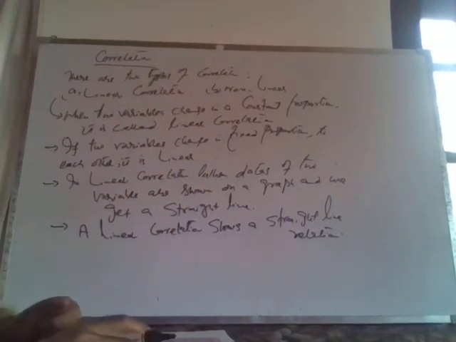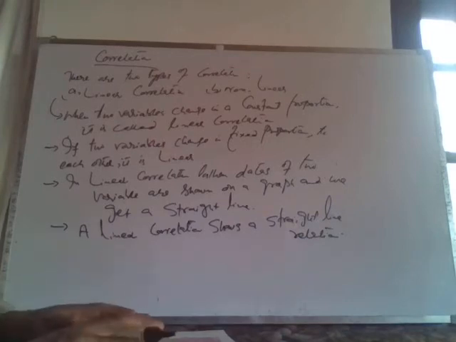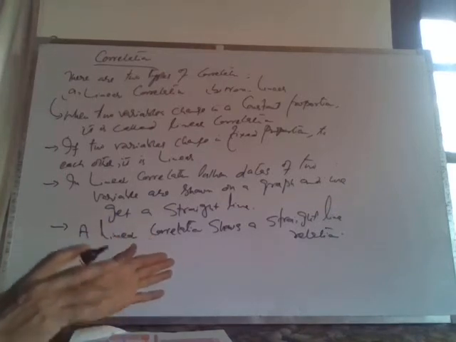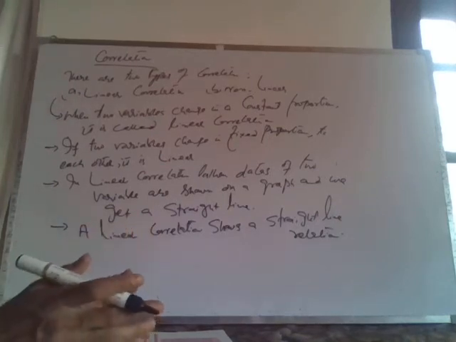So it is clear now from these pointers that when two variables change in a constant proportion, in the fixed proportion, that means when one changes by some percentage, another changes by the same percentage.